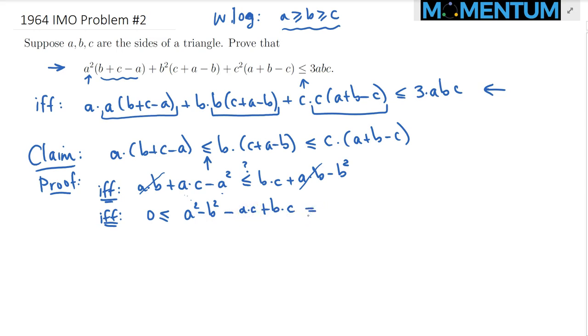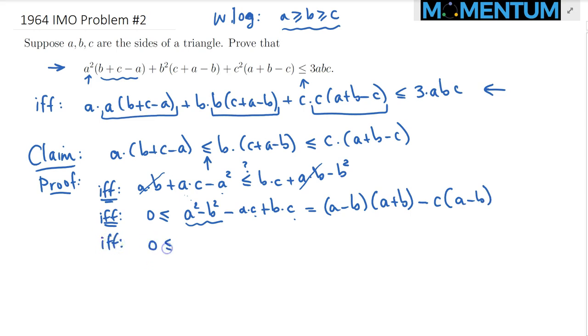Obviously this is just A minus B times A plus B, and then we can have minus, we can factor out the C here. If you factor out the C, we have A minus B, yes.